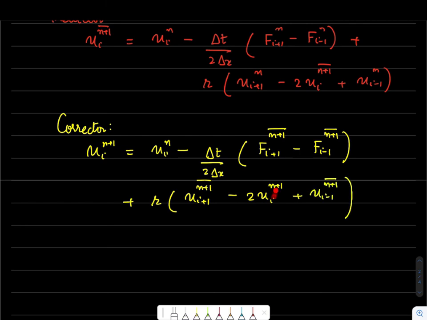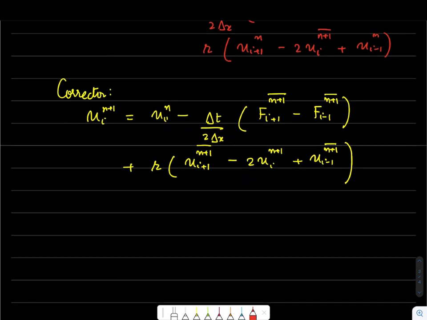And this is not a typo here, this is essentially the unknown, which will again go to the left hand side, and so we have a new value for u_i at n plus 1. So this unconventional differencing is what leads to the elimination of the stability restriction on R.